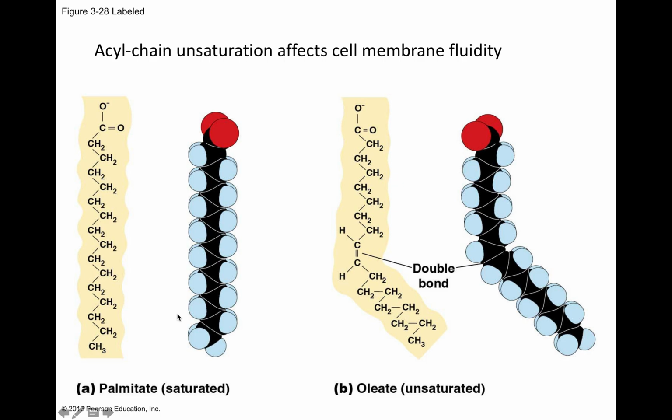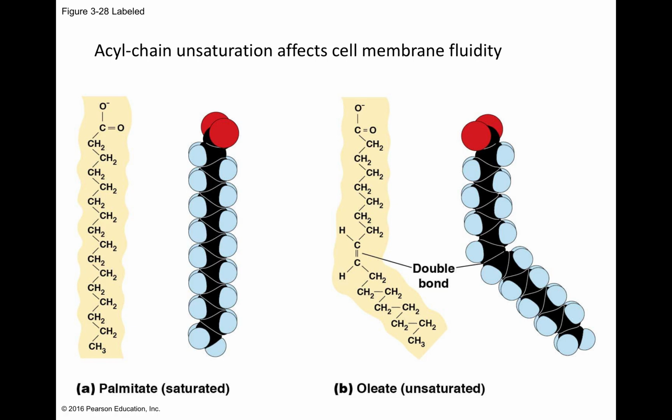The difference between, say, a stick of butter at room temperature and olive oil at room temperature is basically 1 double bond. How the lipid reacts to temperature depends on how much energy is in the system and how much space there is in the membrane.